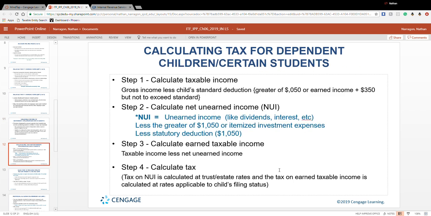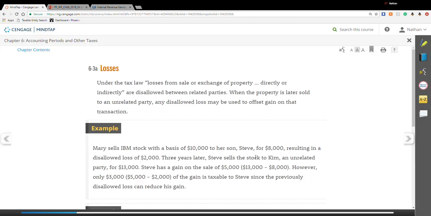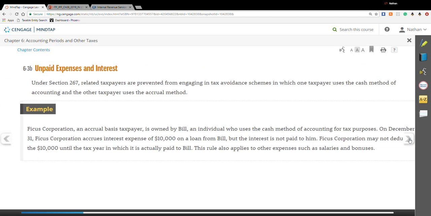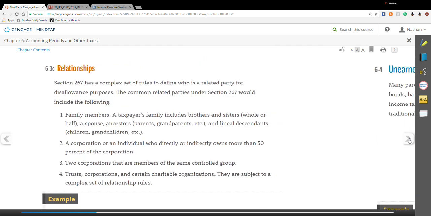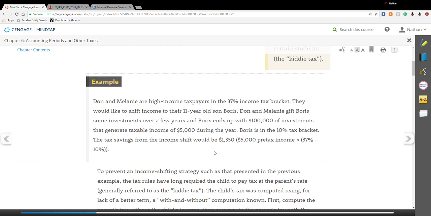This is our calculation of net unearned income, and it looks like the PowerPoint has lost a number. So let's go find this in Numbers. We're dealing with the unearned income.